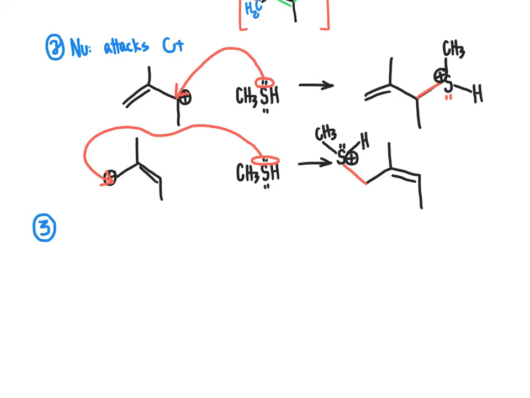So if we can break a bond between hydrogen and a heteroatom, meaning an oxygen, a nitrogen, a sulfur, etc., we're going to go about doing that. So third step is what we call deprotonation. So that means we're going to break the bond between an oxygen, nitrogen, sulfur, etc., and a hydrogen in order to create a final organic product that has no formal charges in it. So a stable final organic product, in other words.